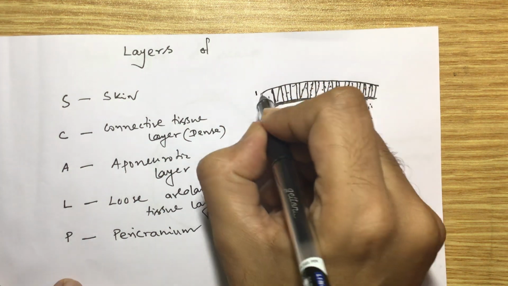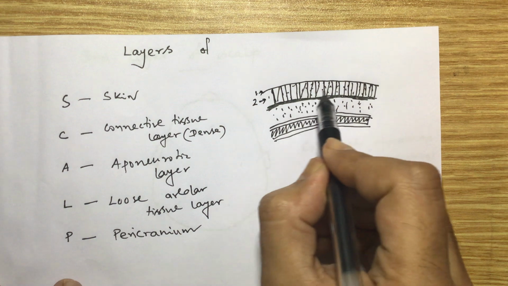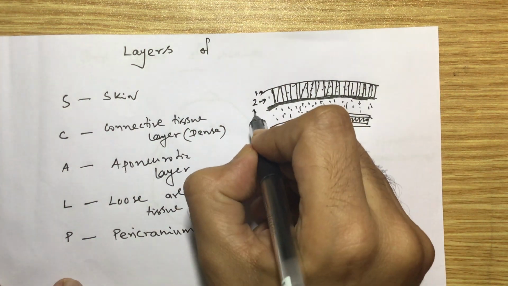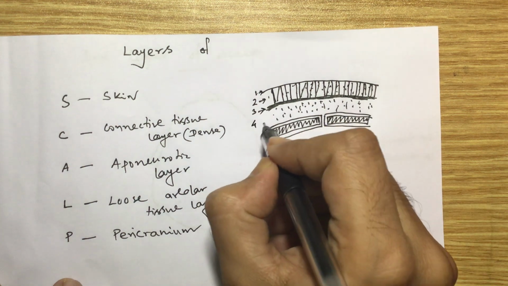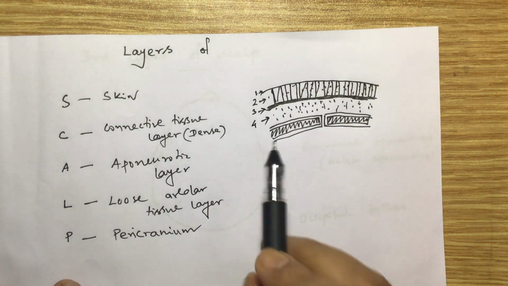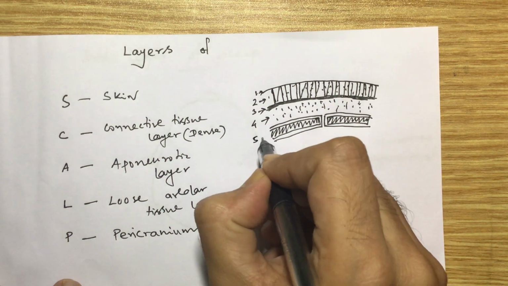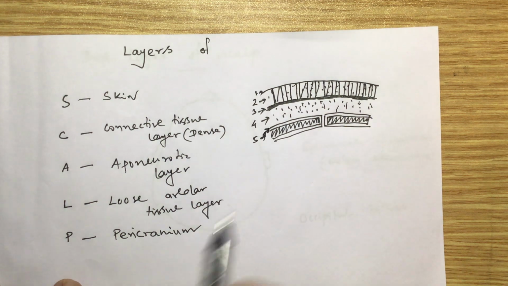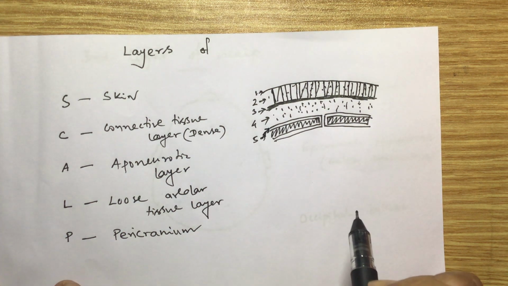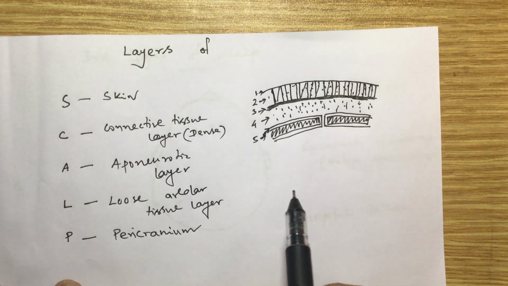So this is number 1, the skin. Number 2, the connective tissue layer. Number 3, the aponeurotic layer. Number 4, the loose areolar tissue layer. And 5th, the pericranium. So these 5 are the layers of the scalp.